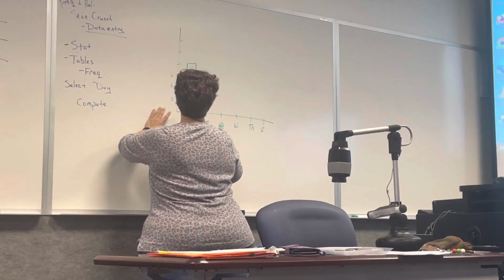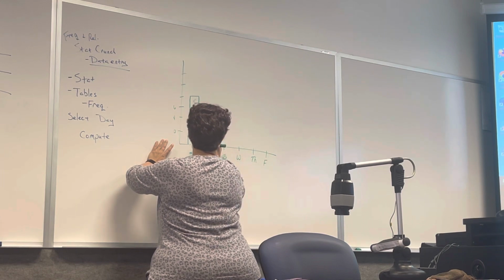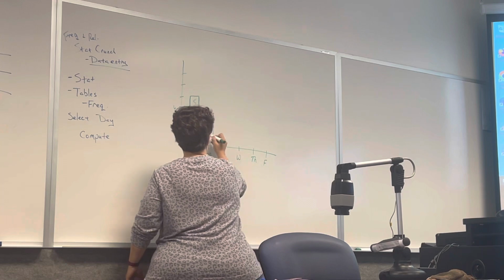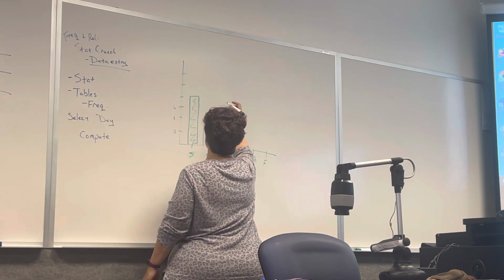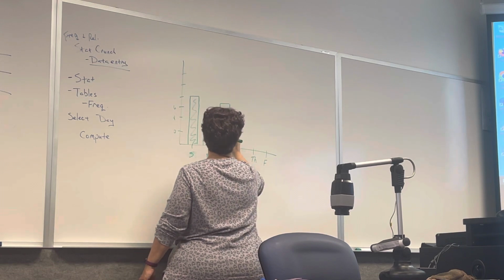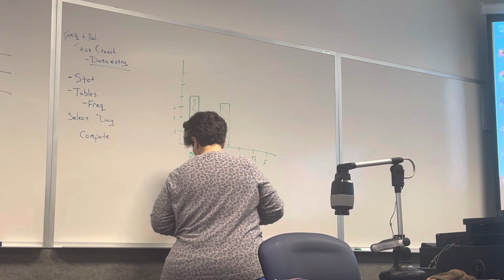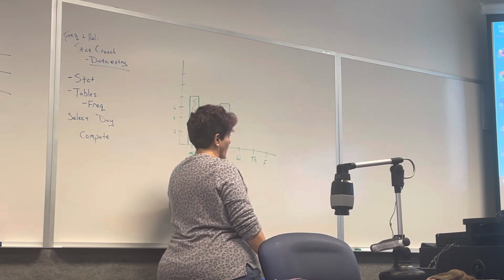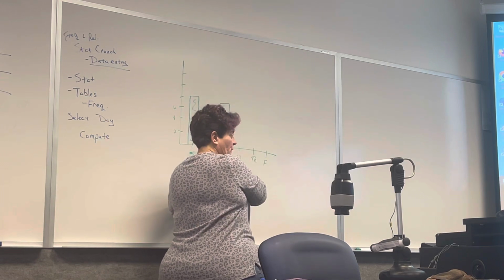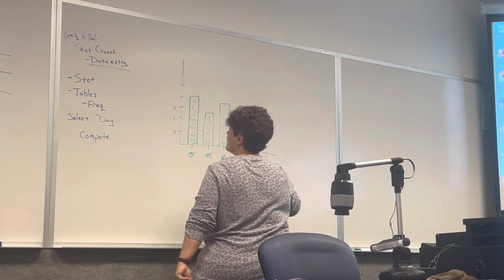Monday we have a count of 5, so that's about halfway between 6 and 4. Notice my bars do not touch side to side. Tuesday, it's a 7, so it's about here. These turn out much nicer if you use a straight edge, but I can keep going. A bar graph starts with a frequency table.